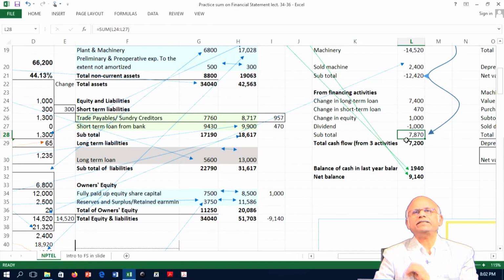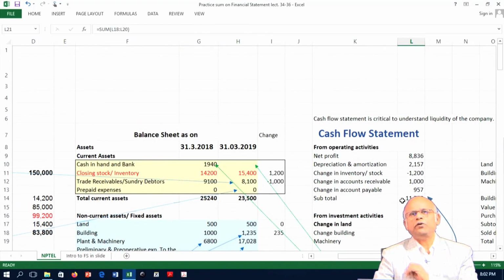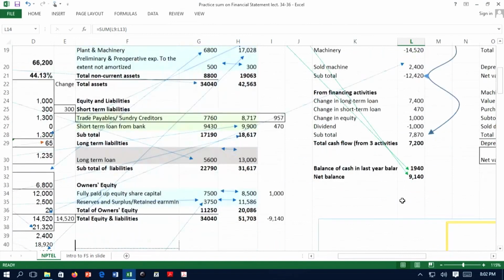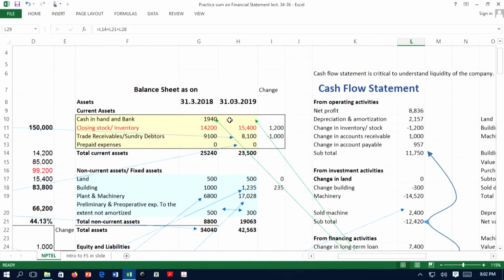Now, we add this to the net cash flow from investment activity and net cash flow from operating activity to receive a total of 7,200. That is the net cash flow during the year. So, our company had a net cash flow during the year equal to 7,200. Now, we have to see what was the cash position in the previous year. That cash was always there with us.